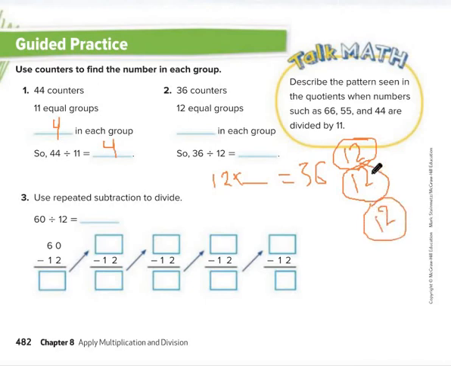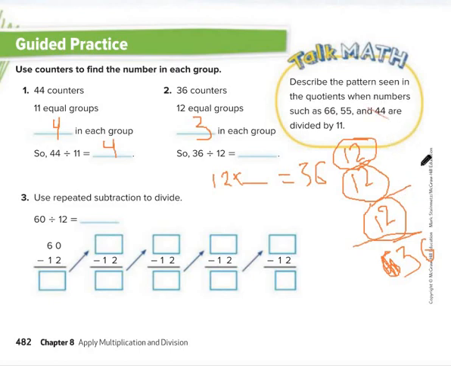Now let's see, 12 plus 12 equals 24, plus 12 equals 36. So if we have 36 counters and 12 equal groups, we will have 3 counters in each group. As you know, by the commutative property, 3 times 12 equals 12 times 3.